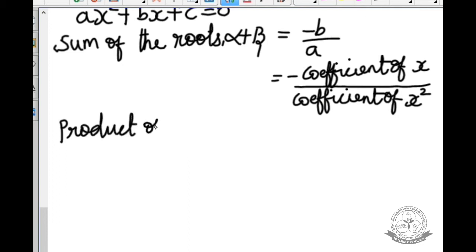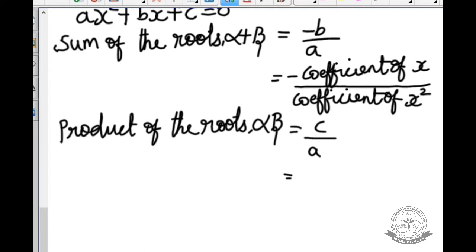Product of the roots. ரெண்டையும் multiply பண்ணணும். That is, alpha into beta, we can write it as alpha beta. It is given as c by a.